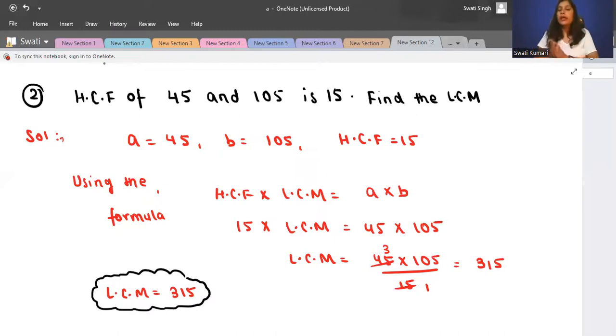Now we will go ahead. If I talk about real numbers, we have natural numbers, whole numbers, integers. These all are real numbers. In integers, we have positive numbers, negative numbers, and zero, of course.